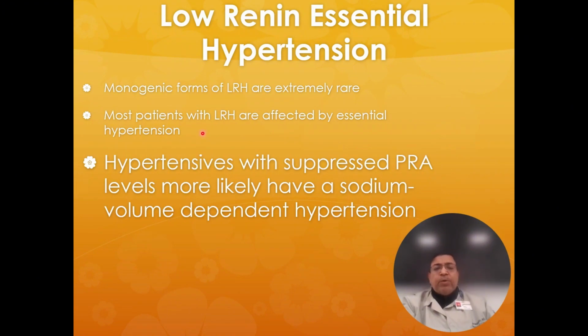Most patients with low renin hypertension are affected by essential hypertension. Hypertensives with suppressed plasma renin activity levels more likely have a sodium volume dependent hypertension. And I will keep emphasizing this particular point that this is a sodium volume dependent hypertension.